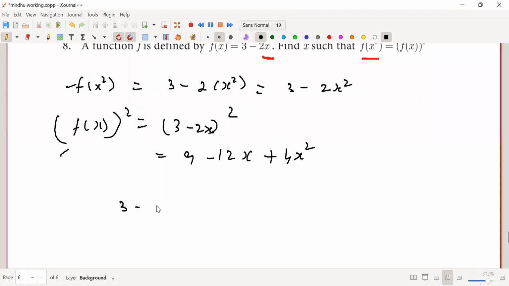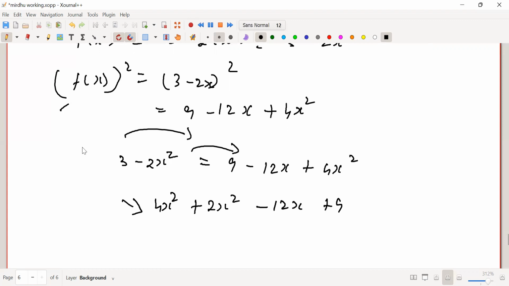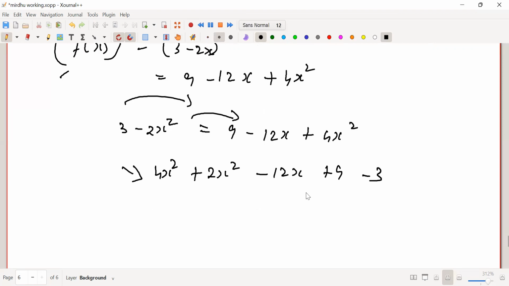So 3 minus 2x squared equals 9 minus 12x plus 4x squared. If I take these two this way, it will become 4x squared plus 2x squared, I'm putting it in order, minus 12x plus 9 minus 3, equal to 0.